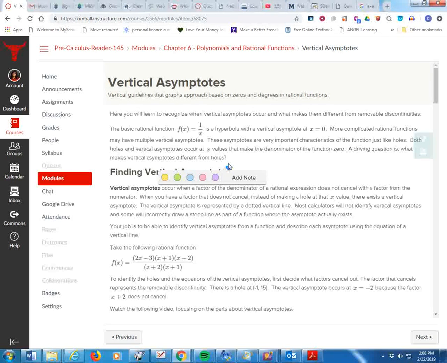Okay? And then if the degree of the numerator is more than the degree of the denominator, you divide using long division. And what's interesting is when you divide using long division, the remainder is the oblique asymptote. Not the quotient.